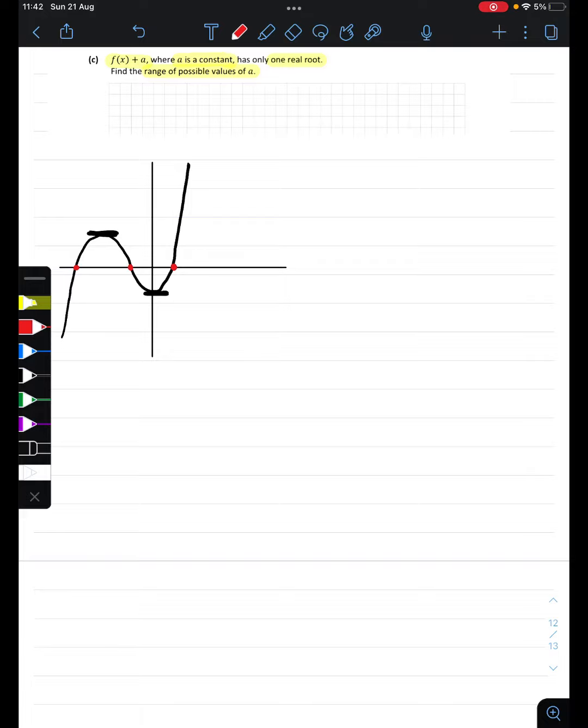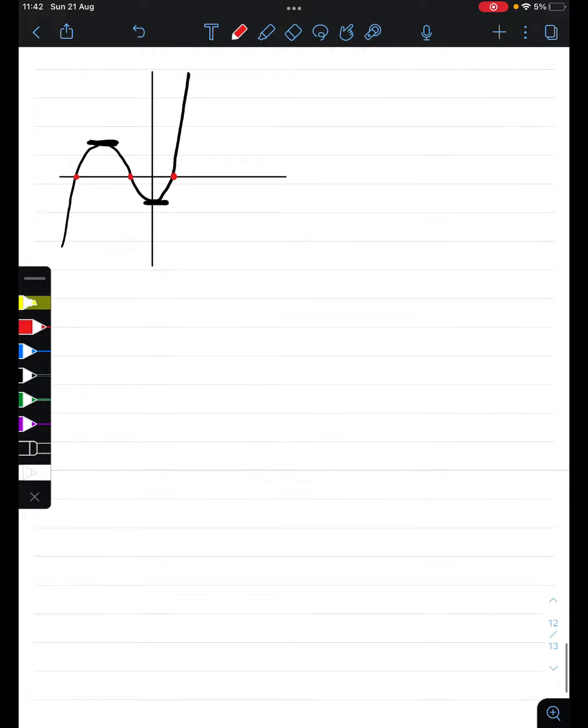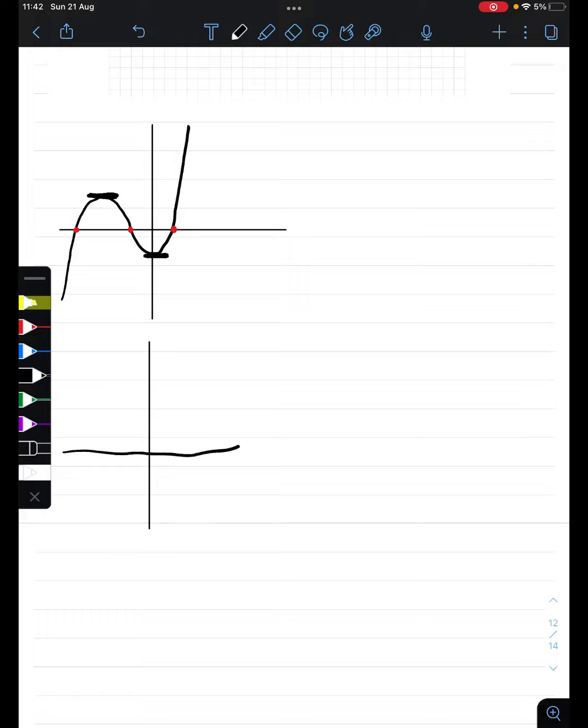Okay, so unlike a quadratic, a cubic always has to have one root, because it has to hit the x-axis somewhere, because these two ends stretch off to infinity. So how could it have only one root? Well, what it would look like is something like this.